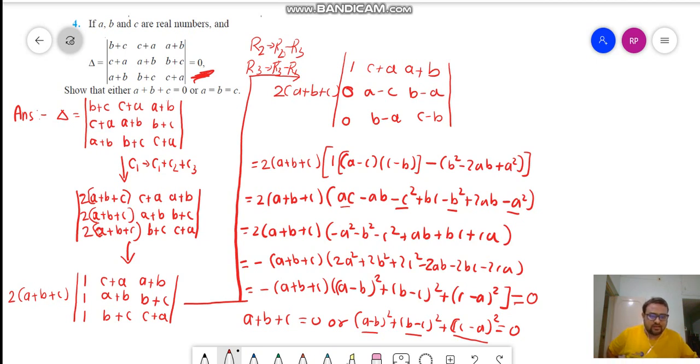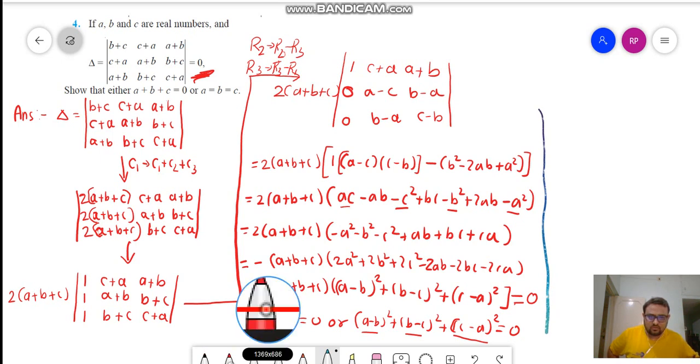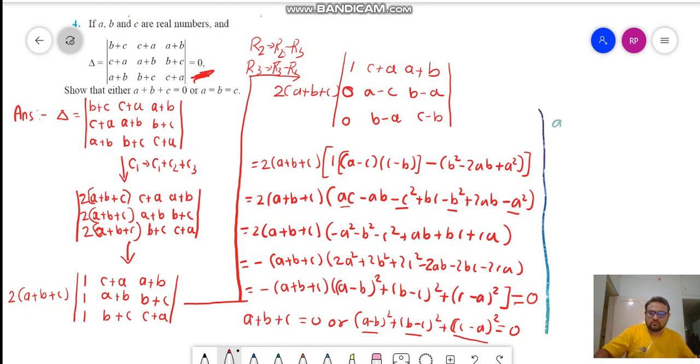Okay. So I can write it down here. What does that imply? This implies that a plus b plus c equal to 0, or a minus b equal to 0, b minus c equal to 0, c minus a equal to 0.